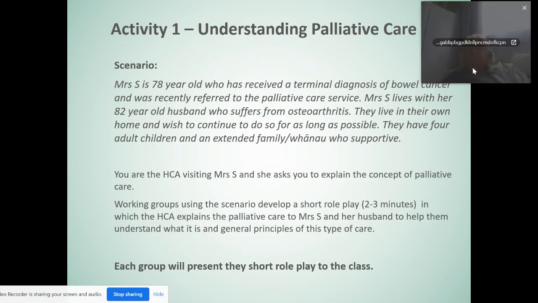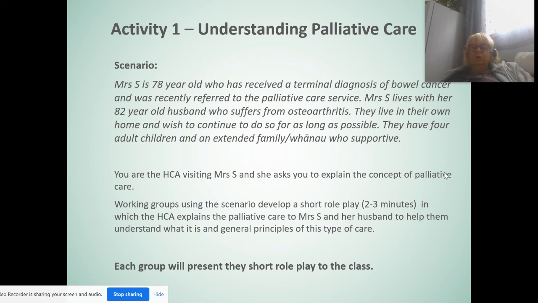Right, first activity. So, what you need to do is you need to read this scenario. Mrs. S, a 78-year-old who has received a terminal diagnosis of bowel cancer and was recently referred to palliative care services. Mrs. S lives with her 82-year-old husband who suffers from osteoarthritis.